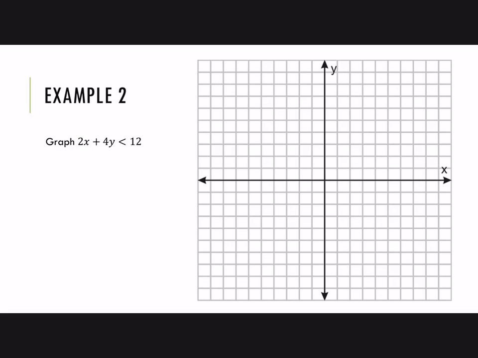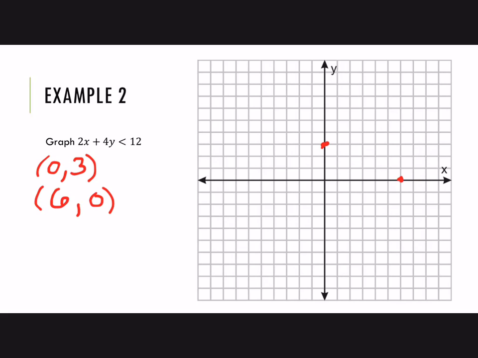So I have the point (0, 3). And then if y equals 0, I can solve for x and find that x is 6. So there are my 2 points: (6, 0) and (0, 3).